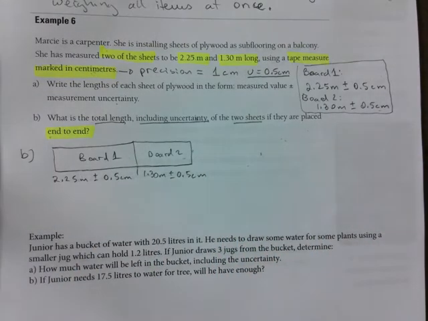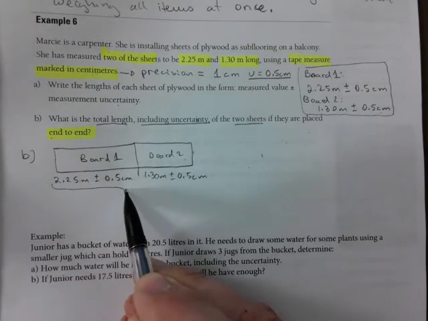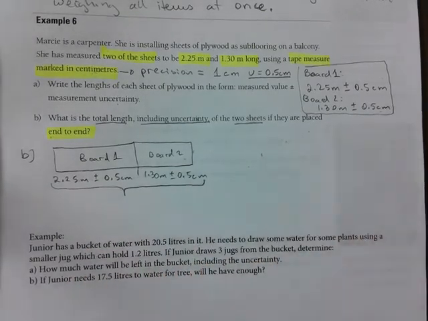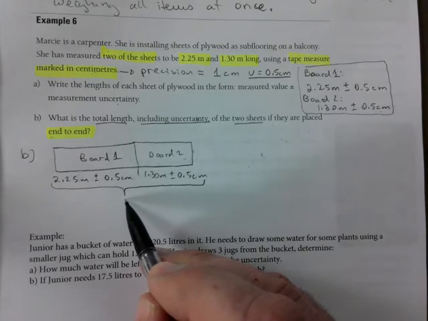So you're putting them side by side, end to end. So we want to know what is the combined length of these sheets if you were to put them end to end. That's the question mark.